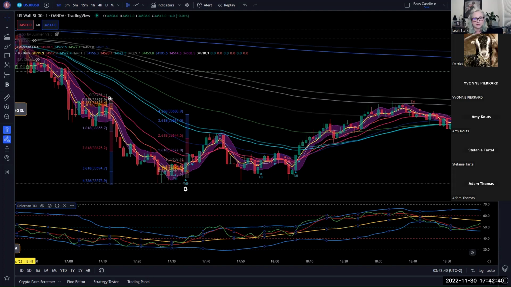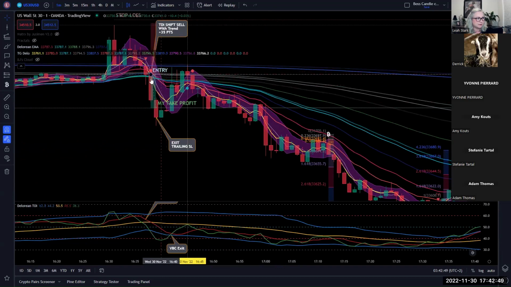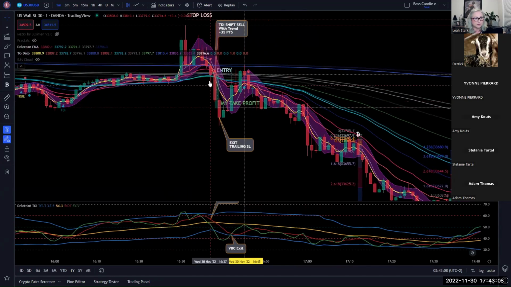Think about it in terms of probability. Let's use this example up at the top here. If I always take a TDI shift and it has not closed across the aqua, how many times am I successful in that trade? And what do I determine success to be? Also, how many points am I really looking for? We were looking for it to go to previous structure, and in this particular instance, it did play out.